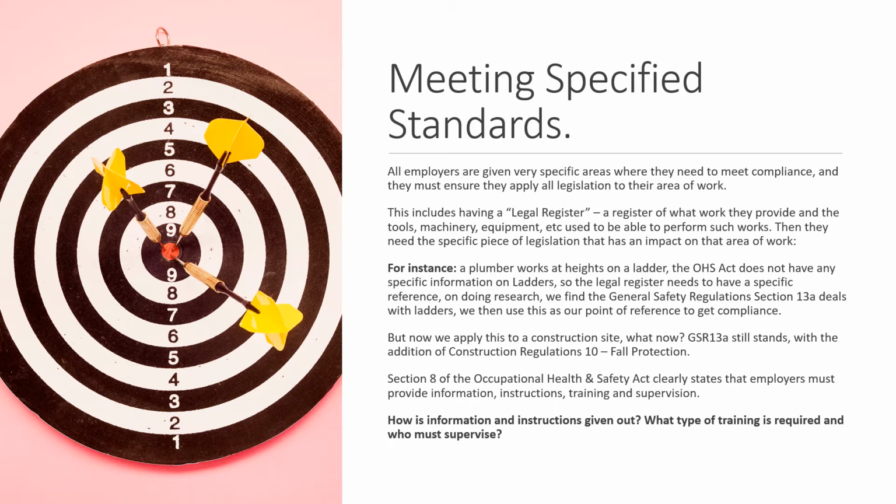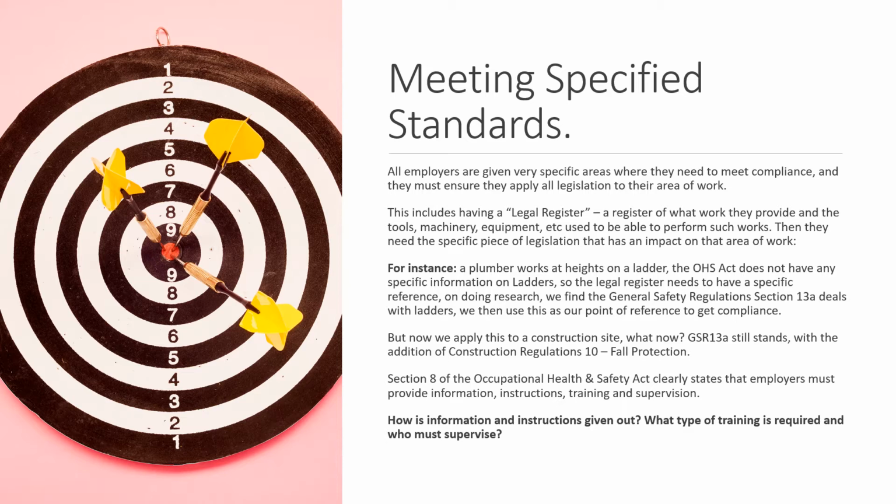But now, let us apply this to a construction site. What now? Well, the General Safety Regulation will still stand, but within construction, we would need to have the addition of Construction Regulation 10, Fall Protection. Under Section 8 of the Occupational Health and Safety Act, it clearly states that employers must provide information, instruction, training, and supervision.